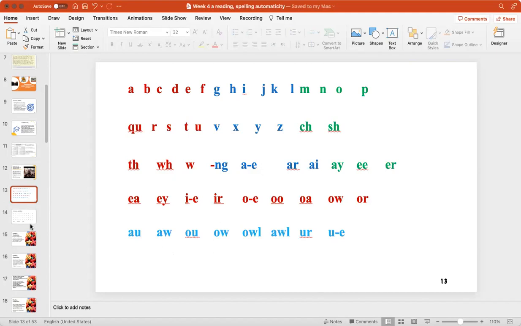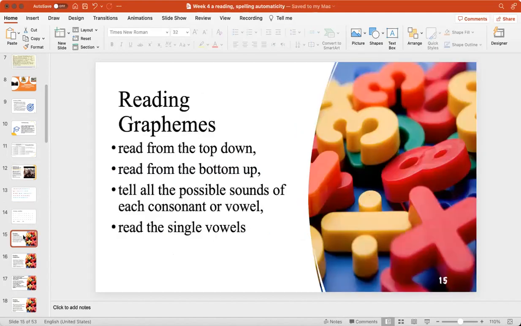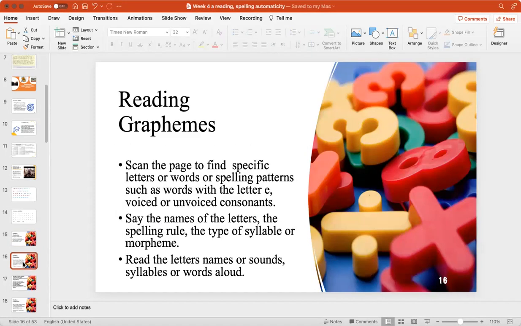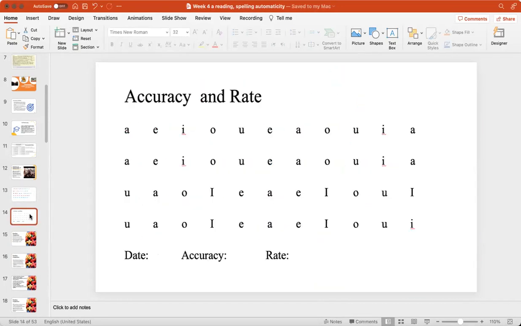And I want you to see in 1 minute how many they can read. And I want you to do it in several different ways, reading from the top down, the bottom up, every other, whatever it is that you want to torture your partner with. Any questions? Everybody got the pages so that you can use them once I stop sharing? Okay.